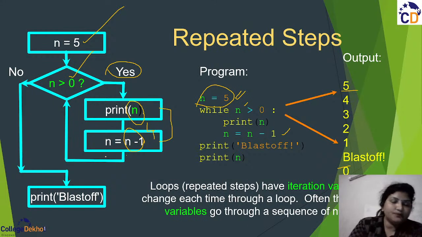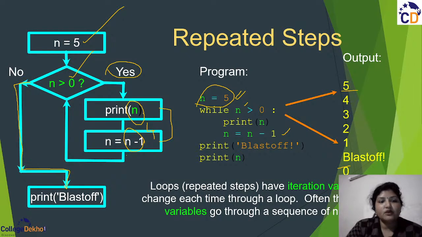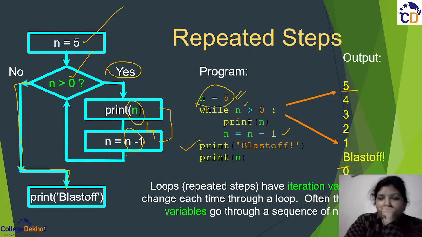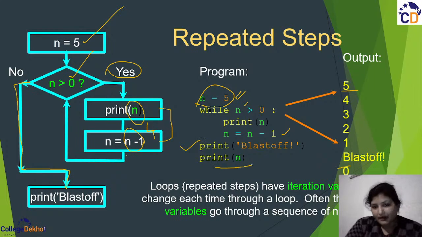Then you have 0, and it comes out of the loop, because now the condition is false. Then it prints any statement you may give, like I have given blast off. Blast off means you are coming out of the loop, or some people write end. Then you print the value of n. Now at the end, what is the value of n after completing all the iterations? It would be 0.